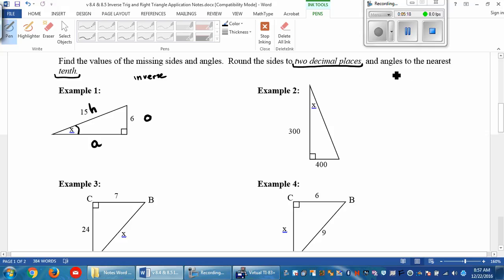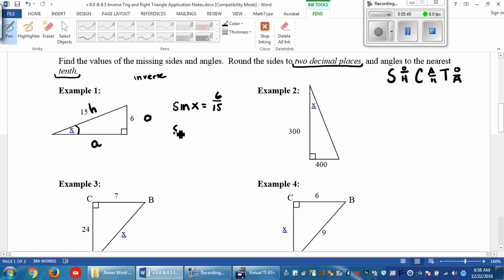So if you remember from our last unit, SOH CAH TOA, you got the sine, O and H, cosine, A and H, tangent, O and A. Okay, so we have the O and the A where the 6 and the 15 are marked. So we're doing the sine of x is equal to 6 over 15.